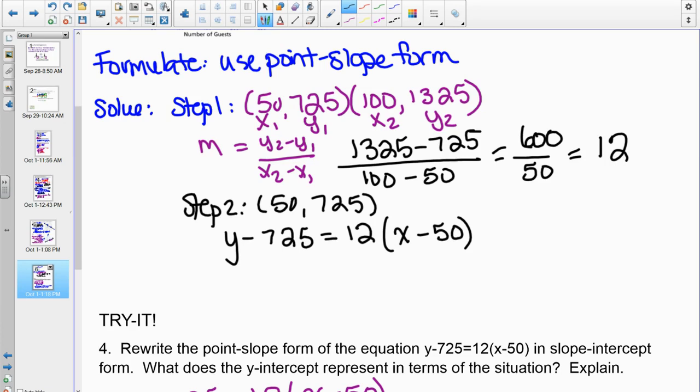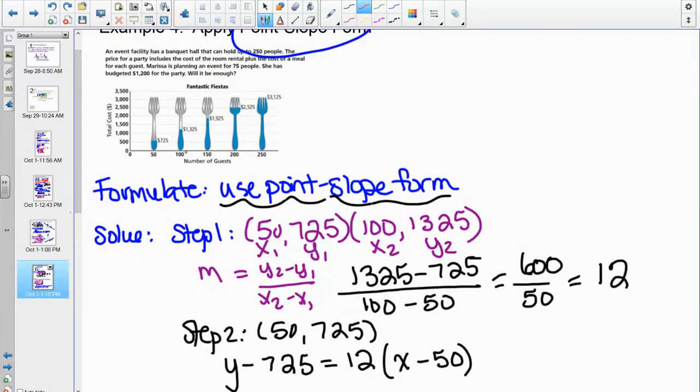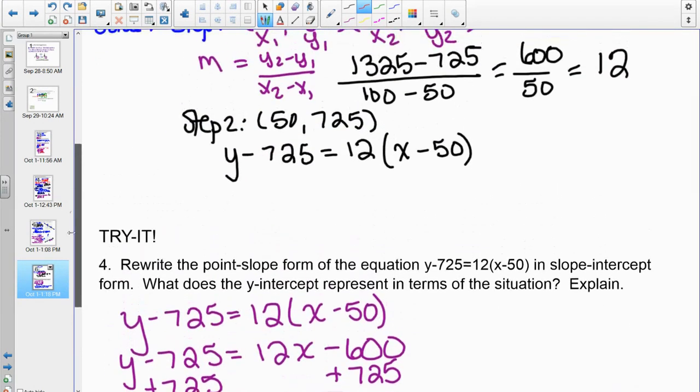Now we're going to use this equation because that's our goal, to find out if we have enough money. So how many guests do we know that are coming? 75. So we're going to take 75 because that is our x. Remember up here, this is the x-axis, and that's the number of guests. So we're going to put that in the x variable.